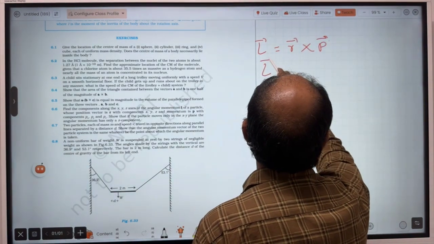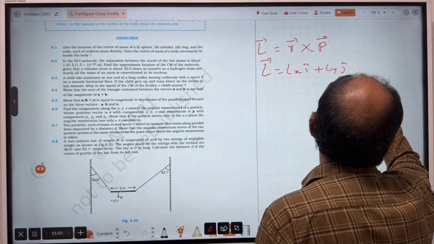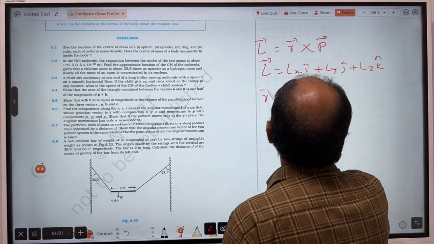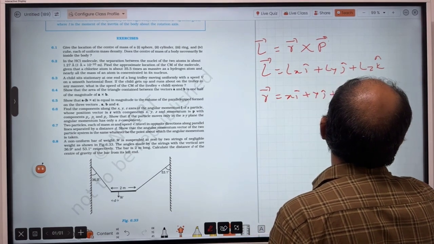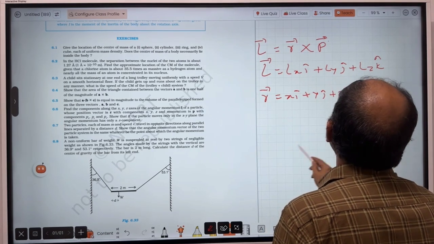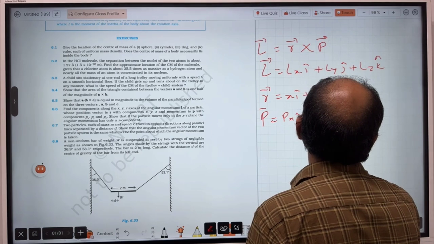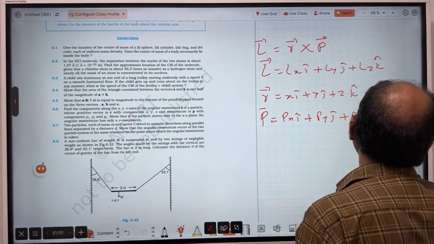And L can be written as Lx i cap plus Ly j cap plus Lz k cap, and R can be written as x i cap plus y j cap plus z k cap. P can be written as Px i cap plus Py j cap plus Pz k cap, right?